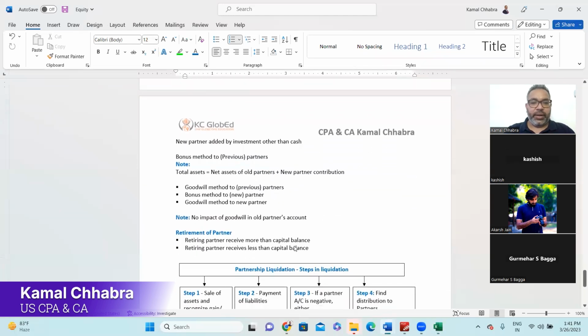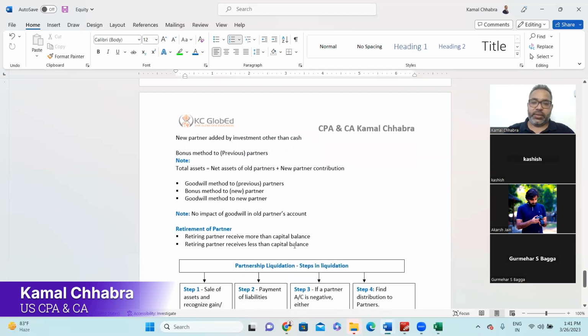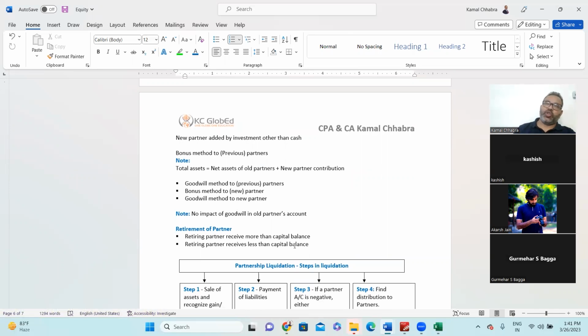New partner added by investment other than cash. So bonus to previous partner. Hope you remember, like when a new partner is joining and adding certain investment which is other than cash, there might be a possibility that may result into the bonus.